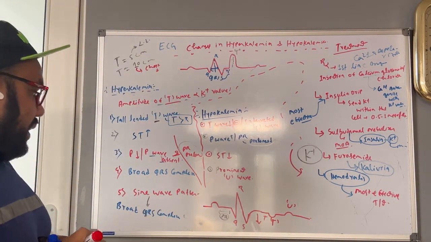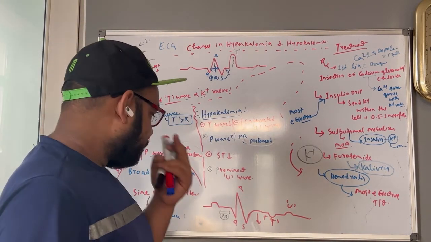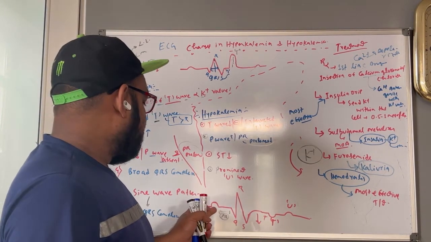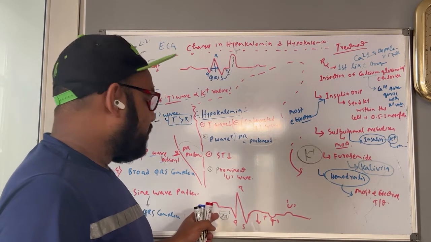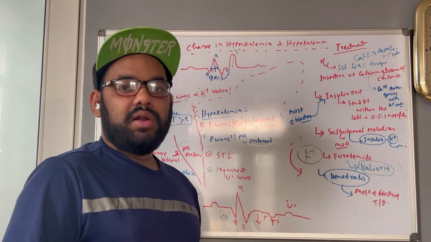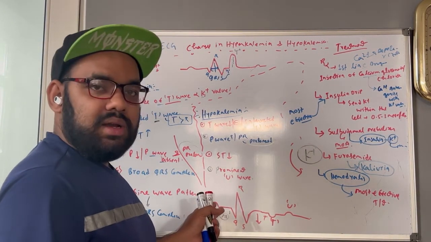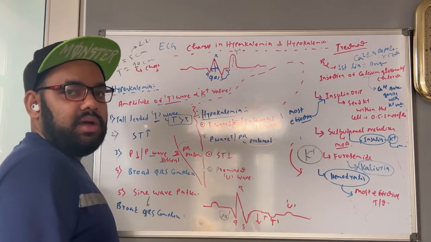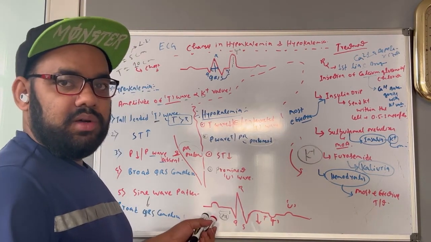Now, in hypokalemia, the vertical height of the P wave is also increased. That is known as pseudo P pulmonale. Normally we know that in pulmonary artery hypertension, the vertical height of the P wave is increased. But in hypokalemia, we can also get the vertical height of the P wave greater.